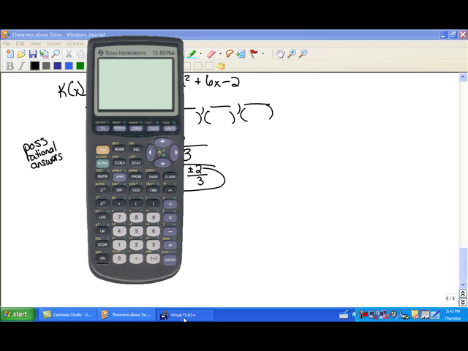Pull up your calculator, go to your y equals, and type in the function 3x raised to the 4th minus 4x raised to the 3rd, forgot my 4, so let me go back there, plus x squared plus 6x minus 2, and look at that graph.